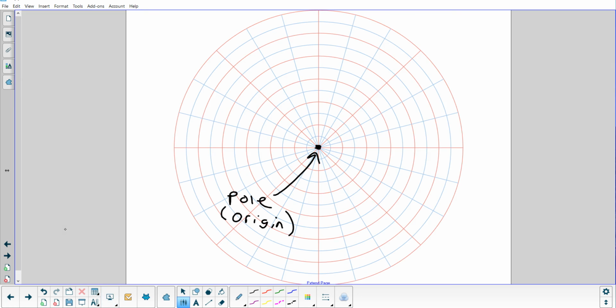Okay, so a polar basically looks like a set of concentric circles, where the origin is called the pole, and this line is called the polar axis. And you'll see there really isn't a name for a vertical because there is no vertical axis here.